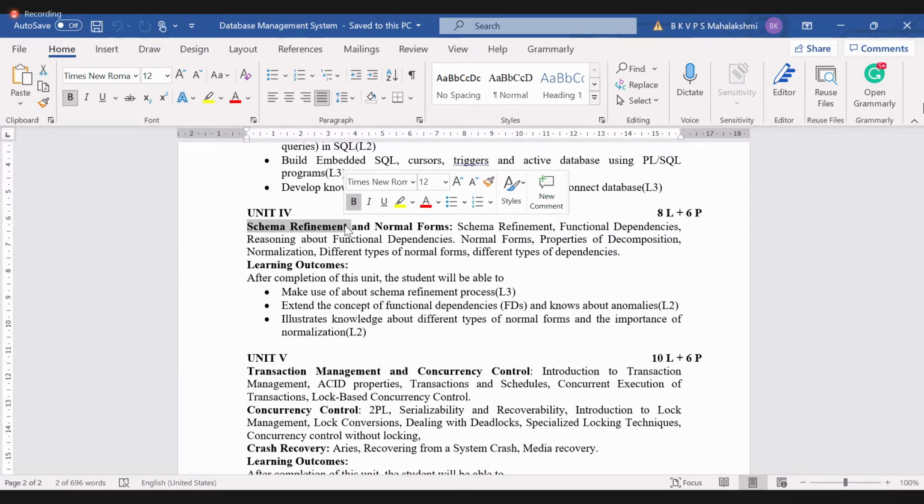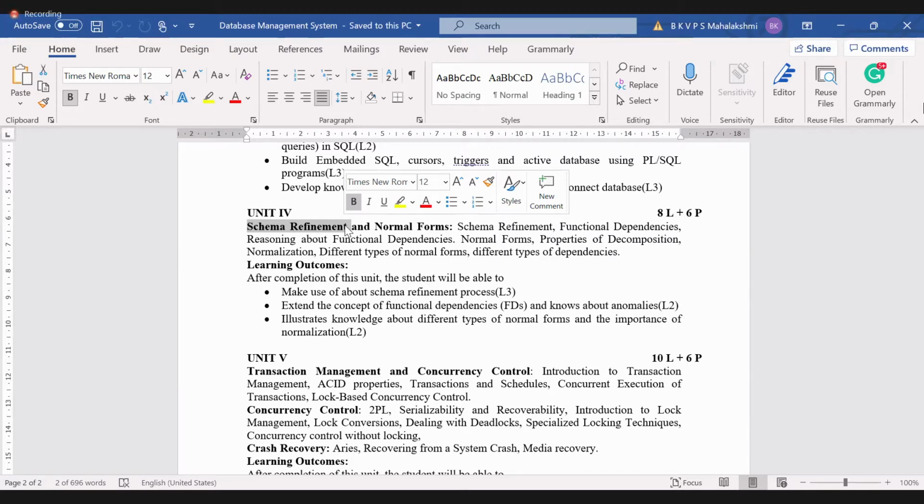Suppose for a university, if I take the university application as an example, there will be many schemas like student. For student, there will be many attributes, so I can say that is a schema.